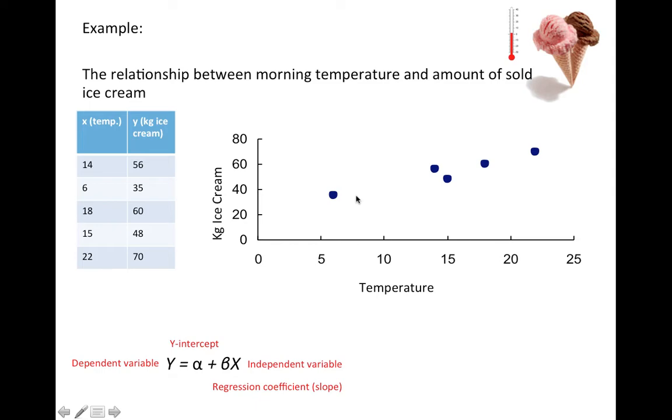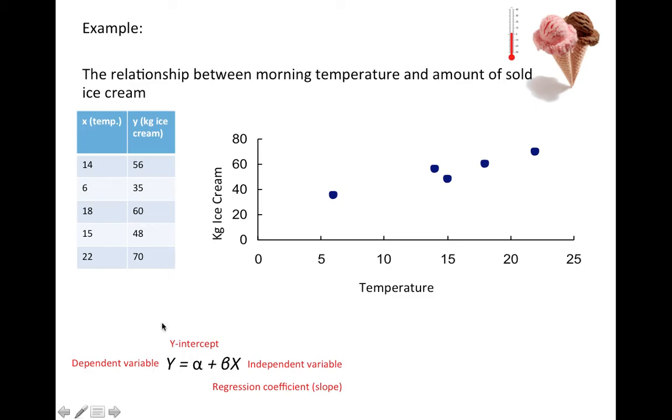If the regression coefficient, beta, is positive, y will increase when x increases, as it looks like in our case. If the regression coefficient is negative, y would decrease when x increases. And if the regression coefficient is 0, there will be no change in y when x increases.